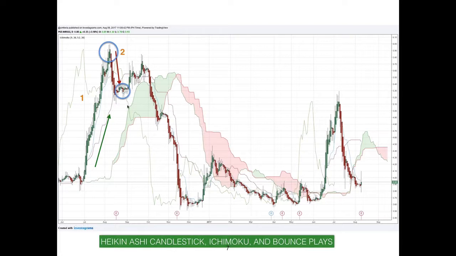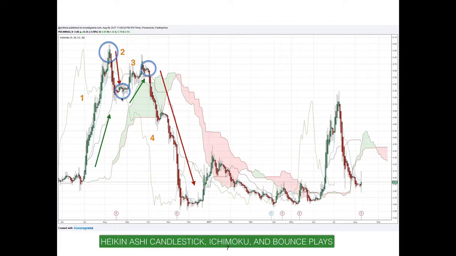And then we find an area where there are a bunch of trend change candlesticks. So a series of trend change candlesticks appeared and the short-term trend reversed to up in number 3. So in number 4, we find that the Chikou span broke below the price and price also broke below the kumo.